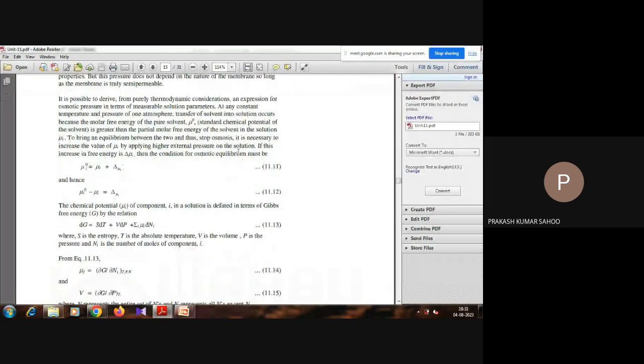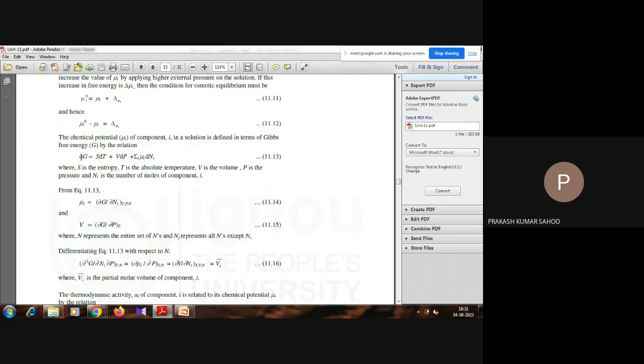Then we have some equations here: mu I zero equal to mu I plus delta mu I, where mu is the chemical potential. Chemical potential is defined as the change in free energy with change in number of moles at constant temperature, pressure, and other components. So this dG is the change in free energy.